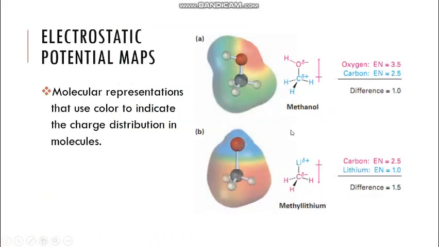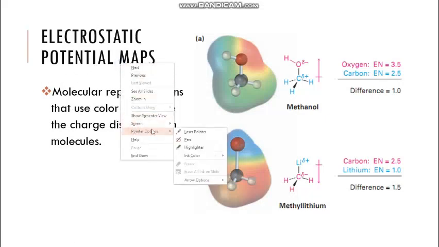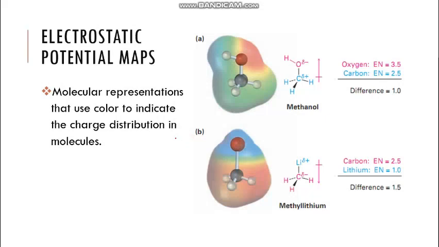Now, note also that calculated charge distributions in molecules can be displayed visually with what we call the electrostatic potential maps. Sa electrostatic potential maps, we use color para ma-indicate kung saan yung electron rich at kung saan yung electron poor.